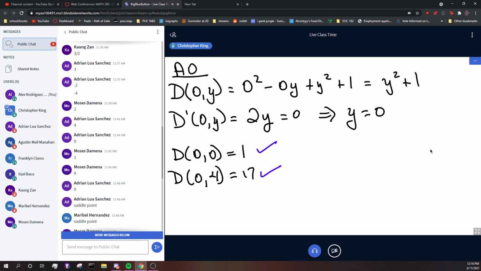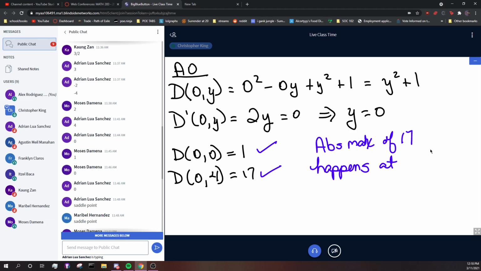So what I would say is that my absolute max of 17 happens at, so what points does that maximum value of 17 happen? 0, 4, and 4, 4. Right. So 0, 4, and 4, 4.